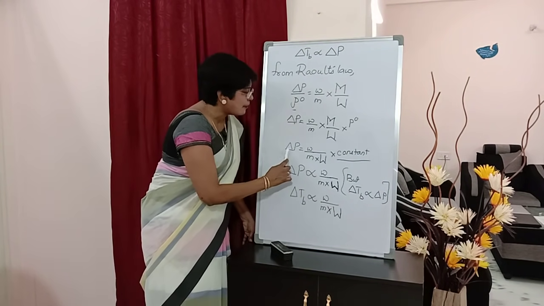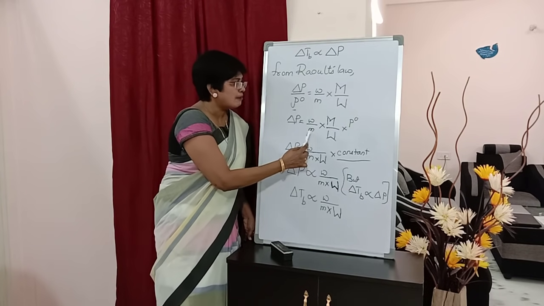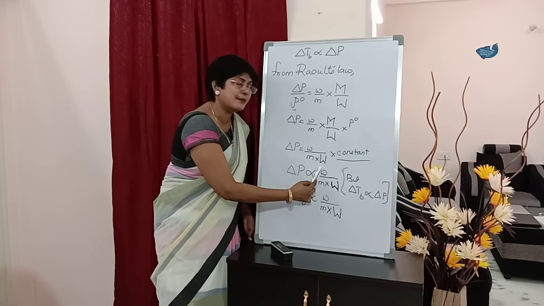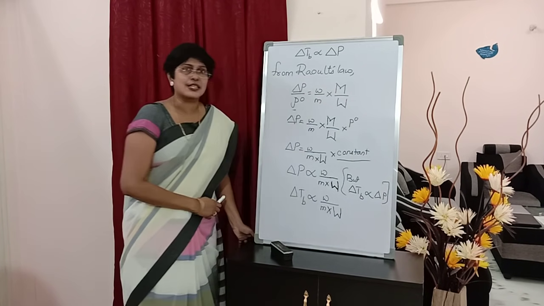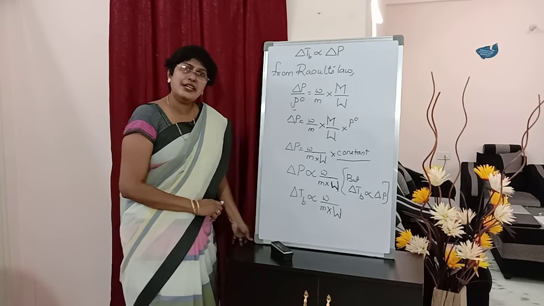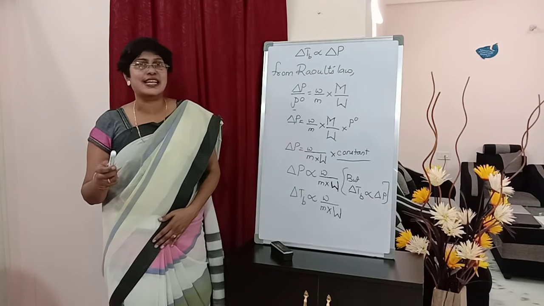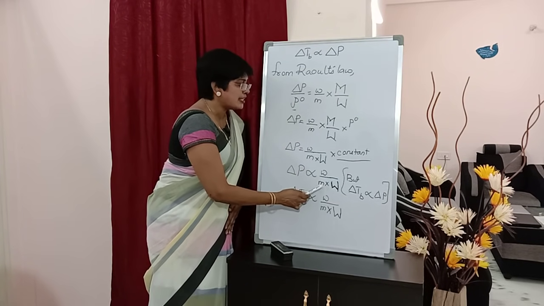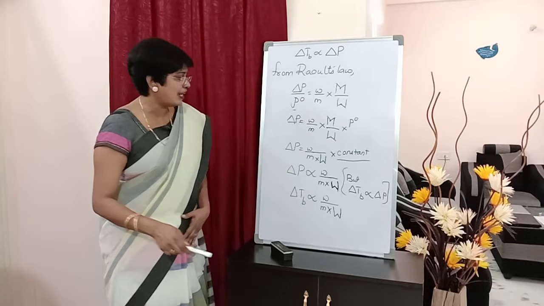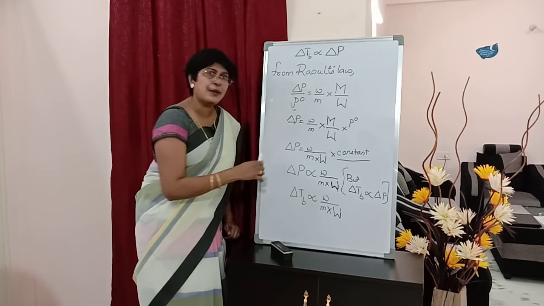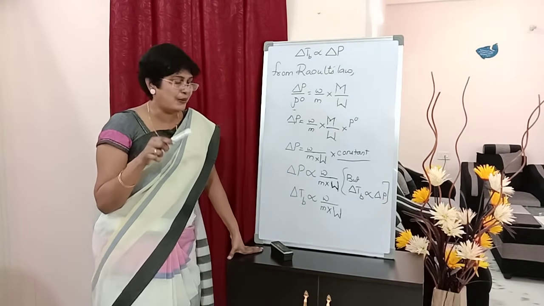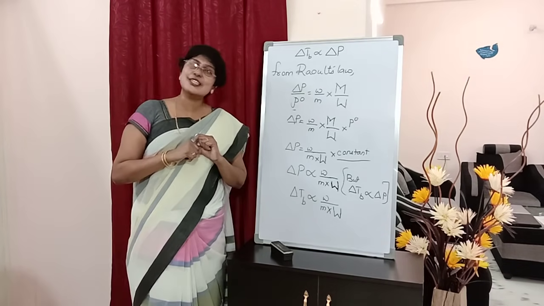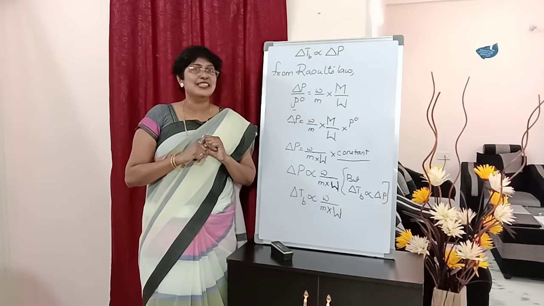Next step, delta P is equal to small w by small m into capital W, this product into constant. Next step, what did we do? We have removed the constant. That means it is proportional to small w by small m into capital W. But we know that delta P is proportional to delta TB. Therefore, delta TB proportional to small w by small m into capital W.